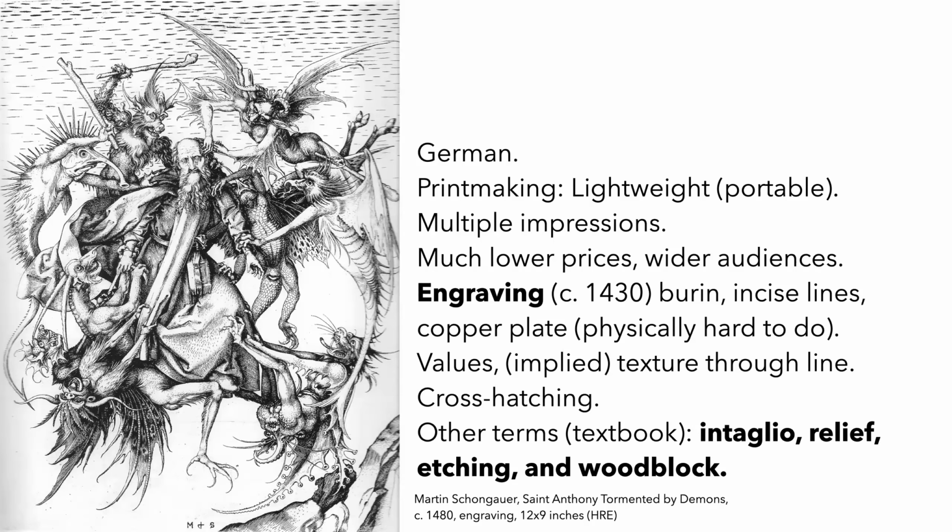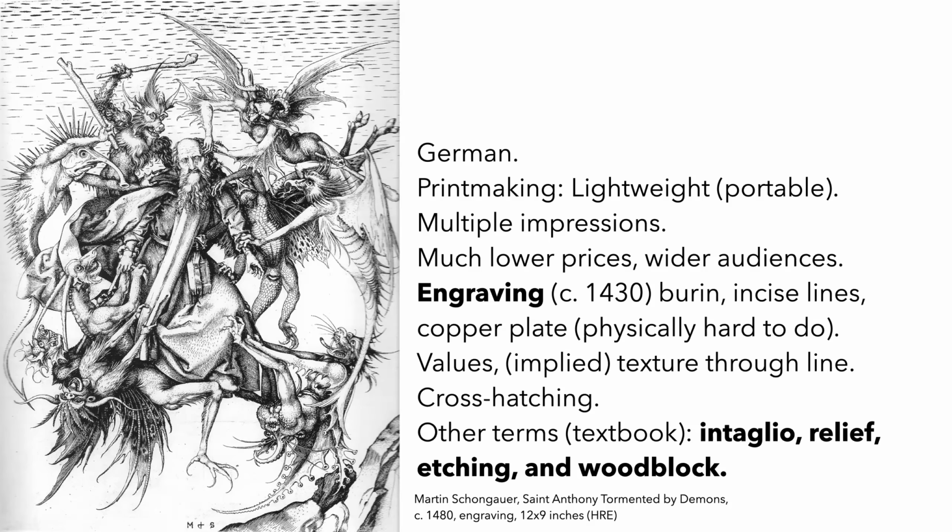It's also much, much cheaper because it's a process. It's hard to do. But when I set up my printing plate, my metal plate or wooden plate, depending on what I'm doing, then I can make many impressions. I can make many copies. And it's also relatively cheap. Paper is relatively cheap, and it's a big deal. It's portable. I can pick up a piece of paper and carry it around a lot easier than I can carry around a bunch of heavy paintings.